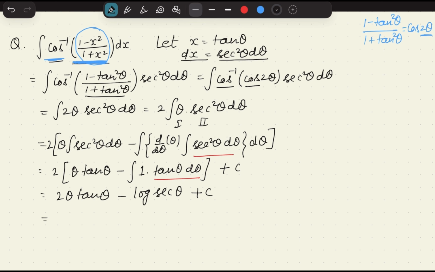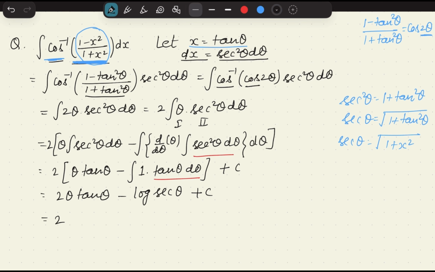Now we can put the value of theta here. We know that sec square theta is 1 plus tan square theta. So sec theta is under root 1 plus tan square theta. Now we know that tan theta is x, so sec theta is equal to under root 1 plus x square.